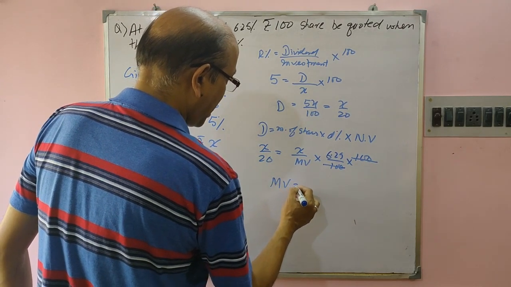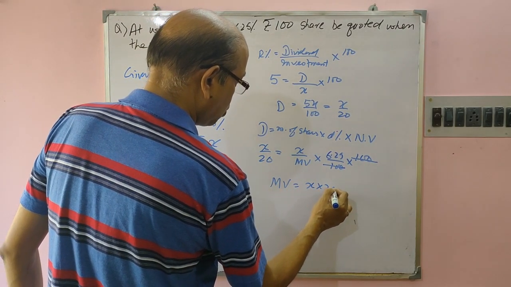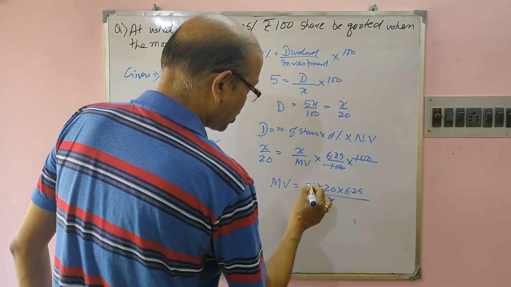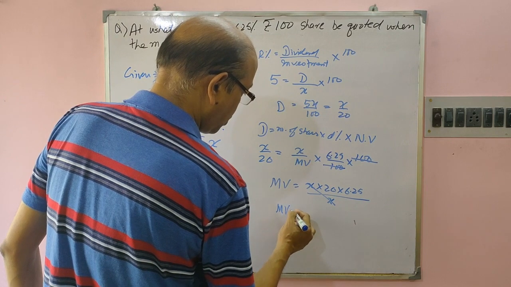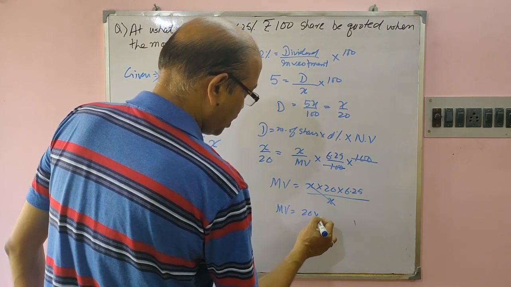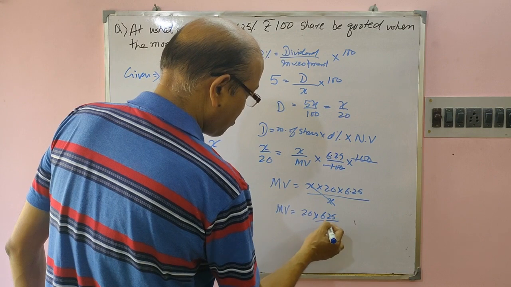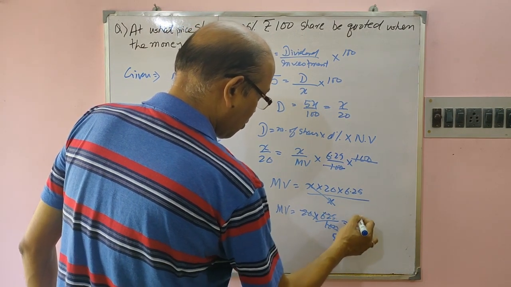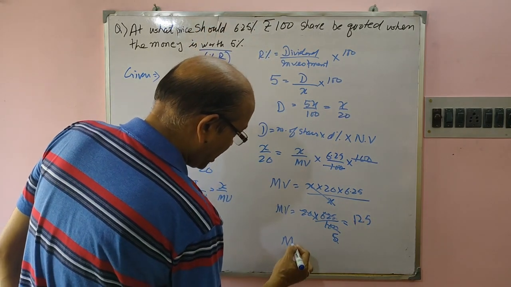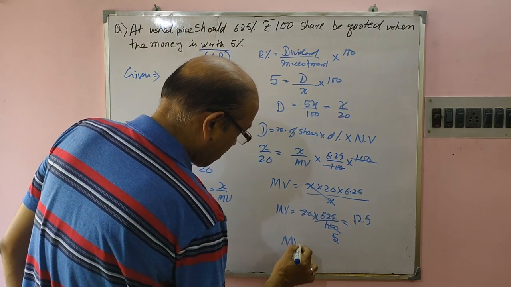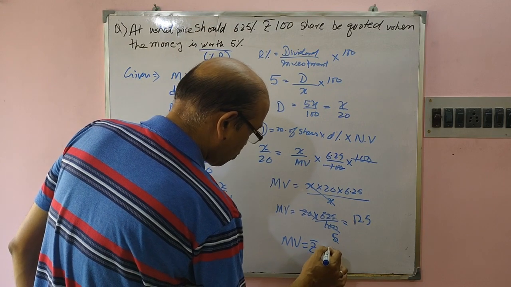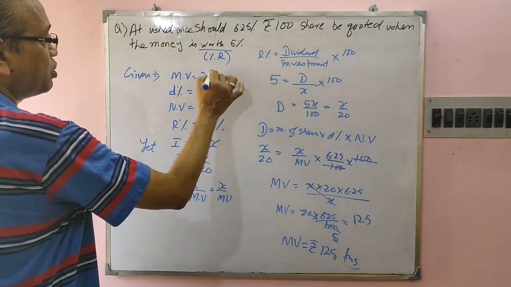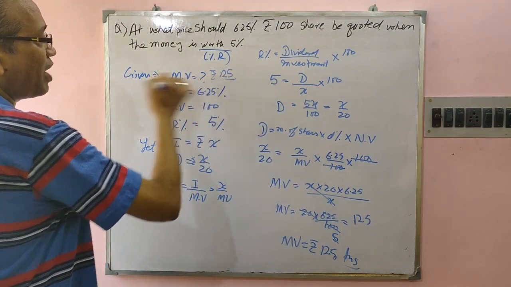Therefore market value is x into 20 into 6.25 by x. So market value is 20 into 625 by 100, which is 125. Therefore market value is rupees 125. This is the quoted price.